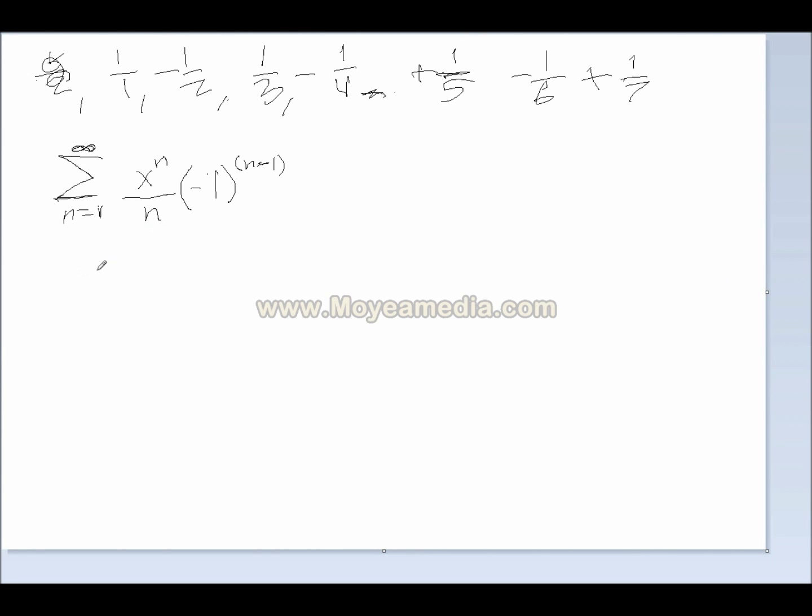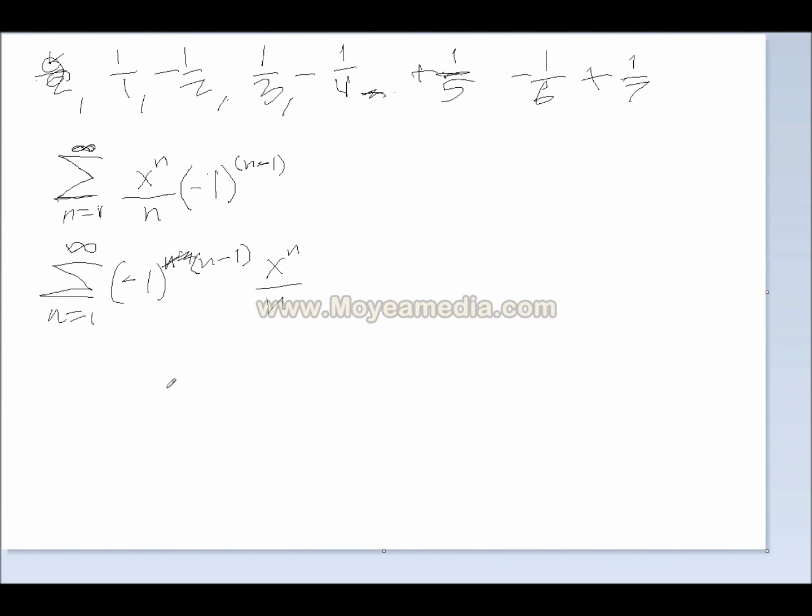Normally, you write that in front, so let's just rewrite this real quick. Negative 1 to the n minus 1 times x to the n over n.